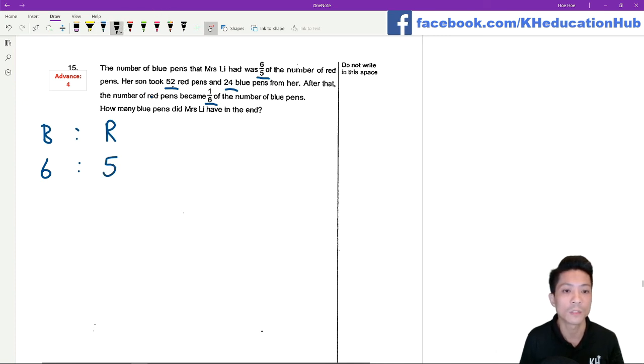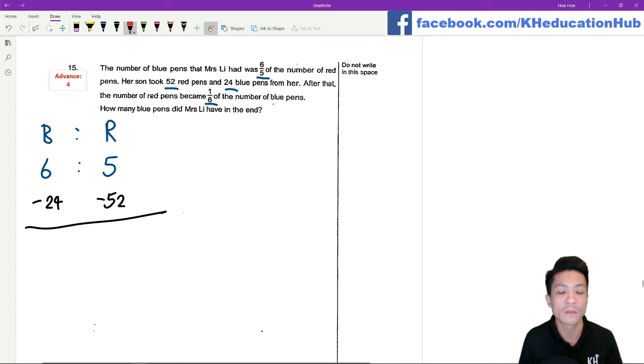Her son took 52 red, so I will minus 52, and 24 blue. In the end, the number of red pens became 1/6 of the number of blue pens, which means that red will be 1, blue will be 6.